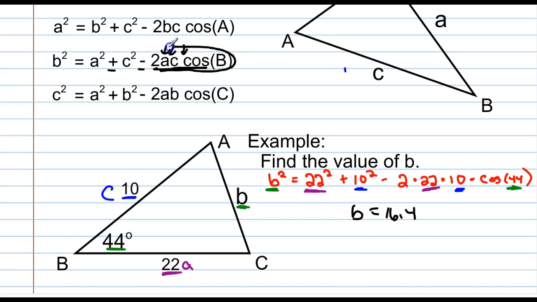Anytime I do this, I always take this whole glob, multiply it first, and write down my number right there. And then I do a squared plus c squared, and I write down that number right here. And then I subtract the two. So do that first, pause the video, and try it out again, see if you get 16.4.